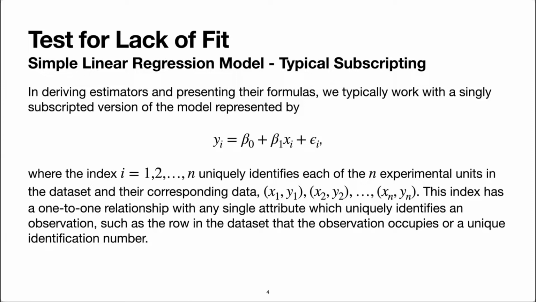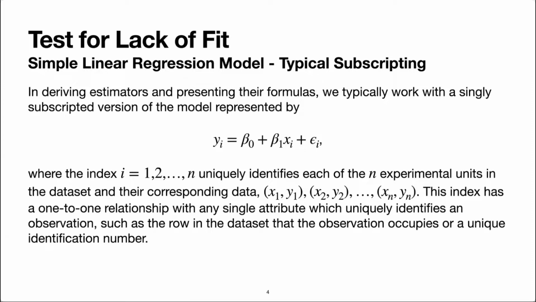So the corresponding data in the context of a simple linear regression would be x1, y1, x2, y2, and so forth up to xn, yn, these data pairs belonging to each individual experimental unit.